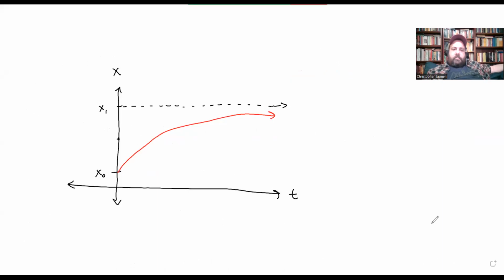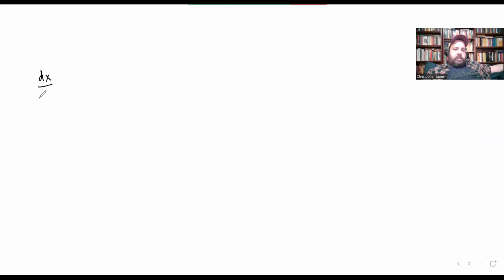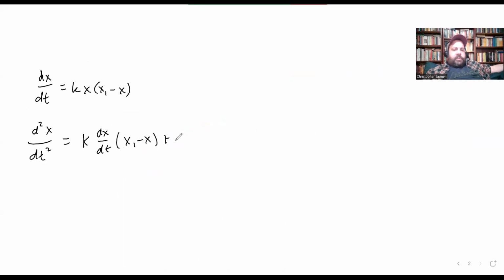So here, remember dx dt is kx times x1 minus x. If I differentiate both sides here, again, with respect to time, and using the product rule, I get k times dx dt times x1 minus x plus kx times minus dx dt.